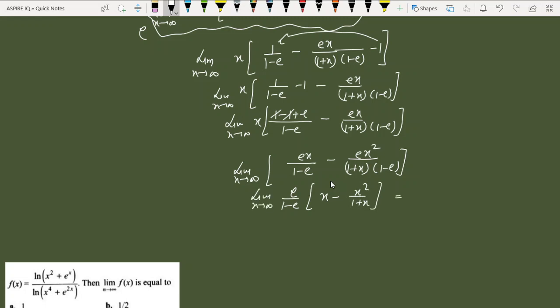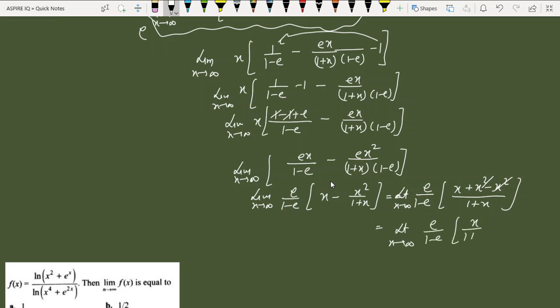Now just simply take the LCM of this: e(1 minus e) times (x plus x square minus x square) upon 1 plus x. So it will be cancelled out and the limit x tends to infinity is still valid: e(1 minus e) x upon 1 plus x. For x tends to infinity, x upon 1 plus x tends to 1.